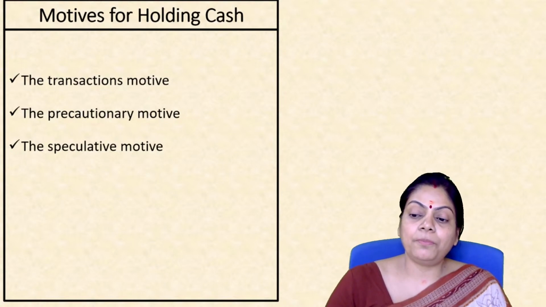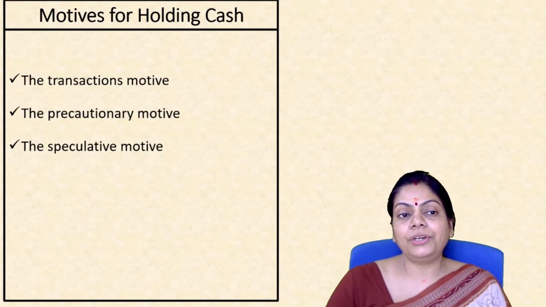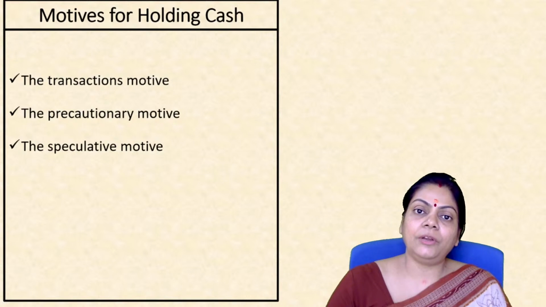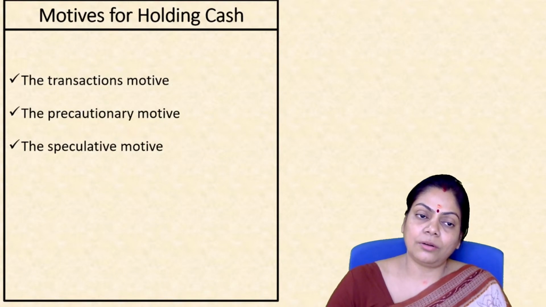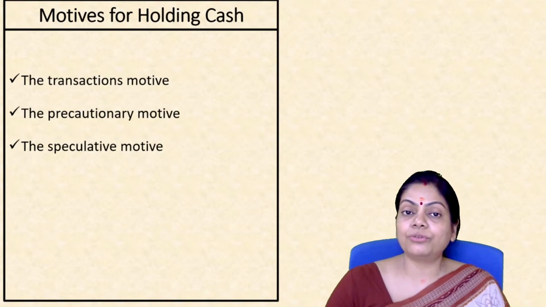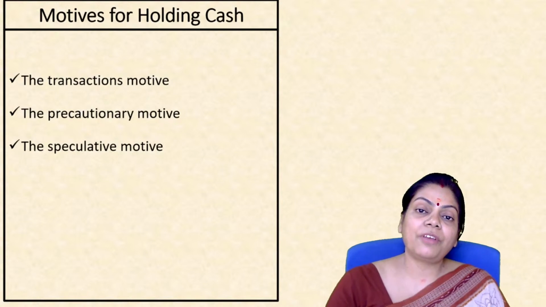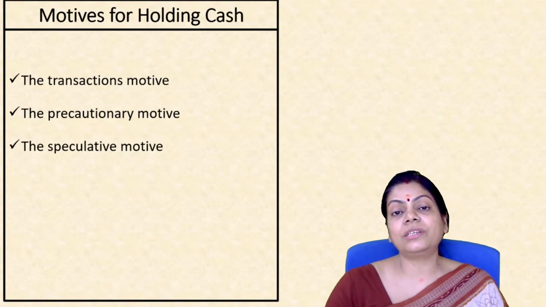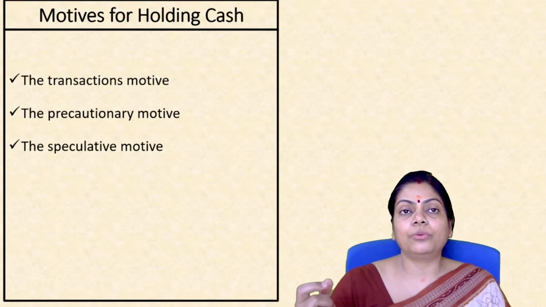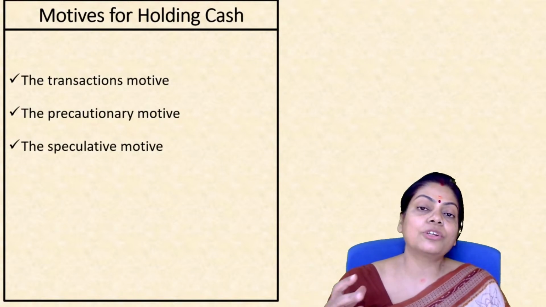So in order to step up your production, what do you have to do? You need to purchase more material. You need to process it faster. You need to produce more goods, and then sell the additional 50 units to the customers. Now, if you don't have cash, how do you think you will manage this? Only if you have cash can you immediately step up your production. So the whole issue is you are not sure.